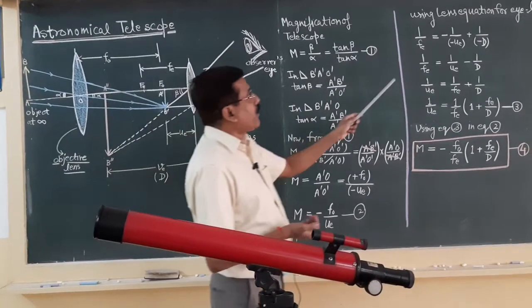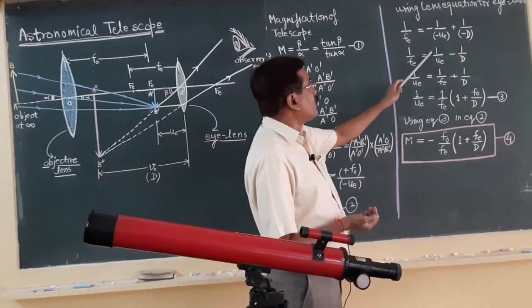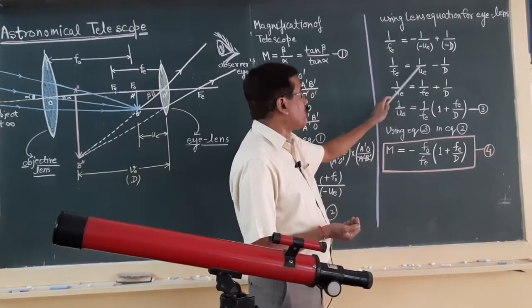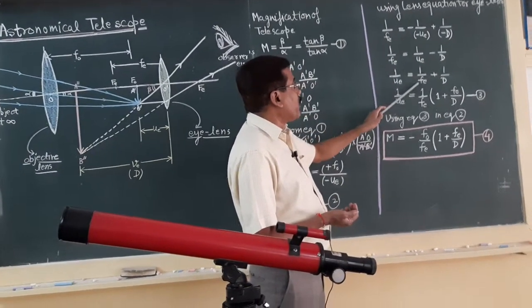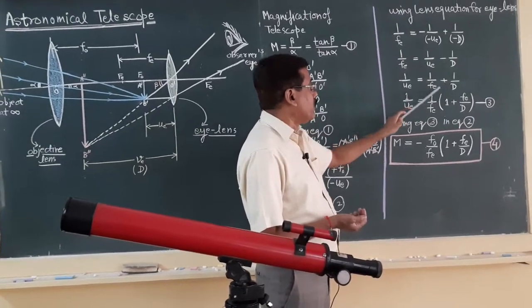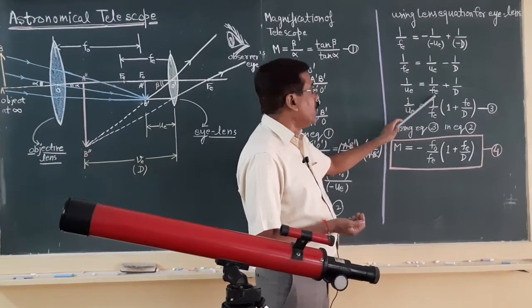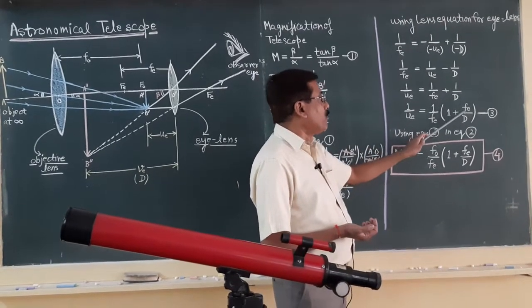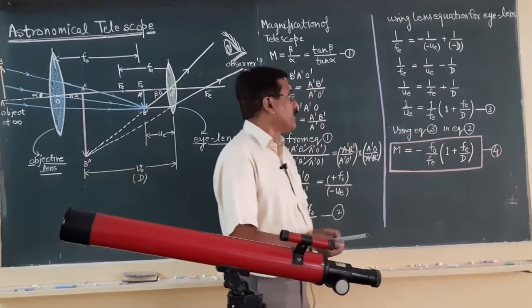When you simplify, 1 by ue is equal to 1 by fe plus 1 by D. If you take 1 by fe common from these two terms, in the bracket you will get 1 plus fe by D.